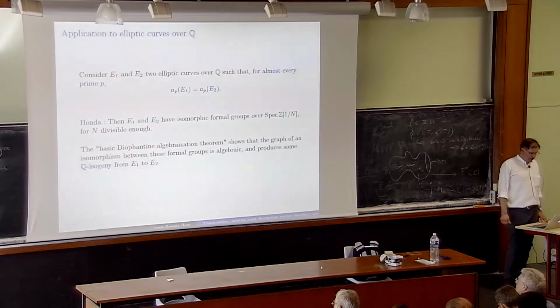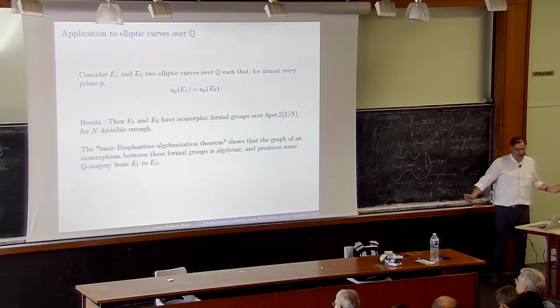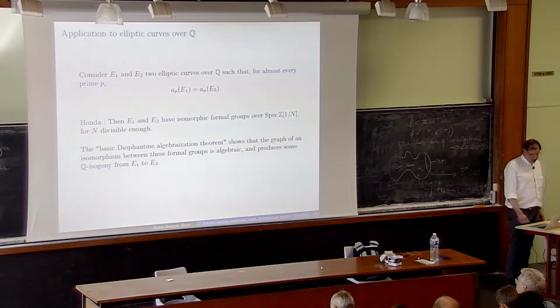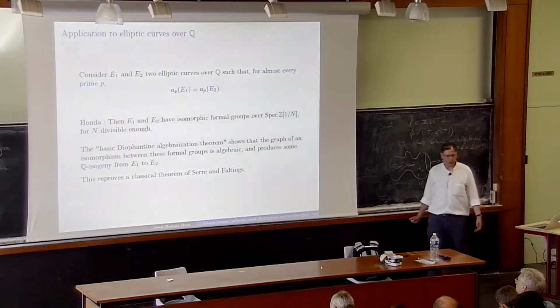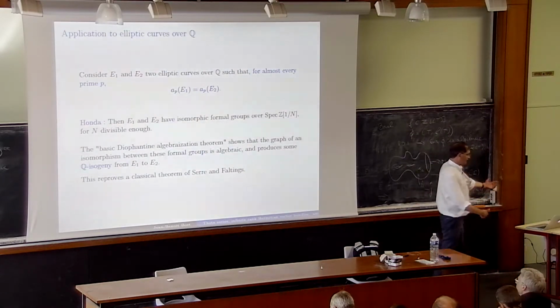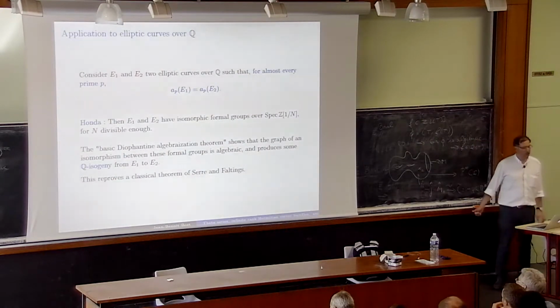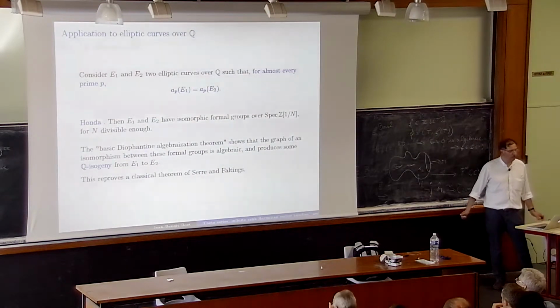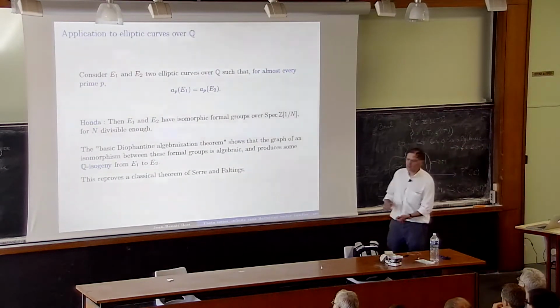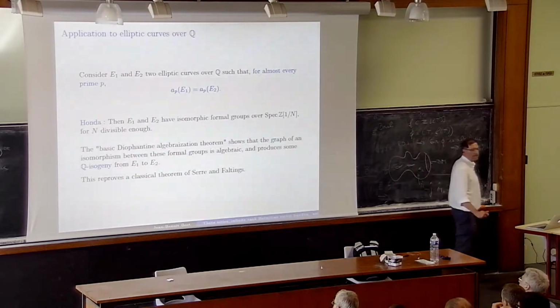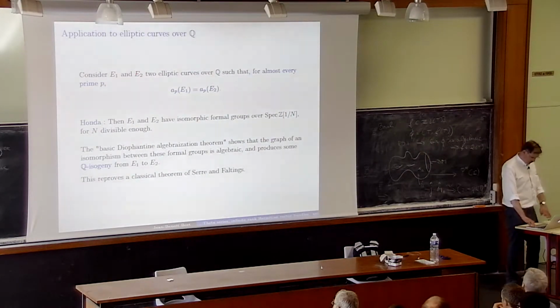So once you know that it is algebraic, it's very easy to see that it defines a Q-isogeny between your two curves. In this way, you get a special case of classical results of Serre and Faltings, though they did not prove it in this generality, about the fact that the L-series of an elliptic curve determines it up to isogeny. So it has a real analytic content.